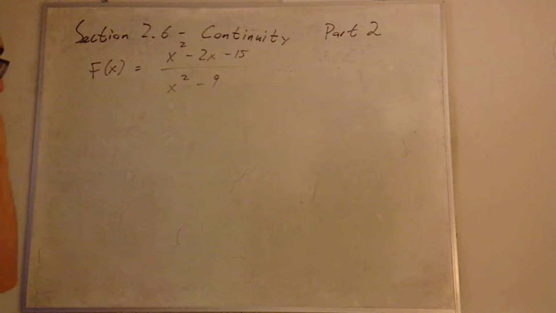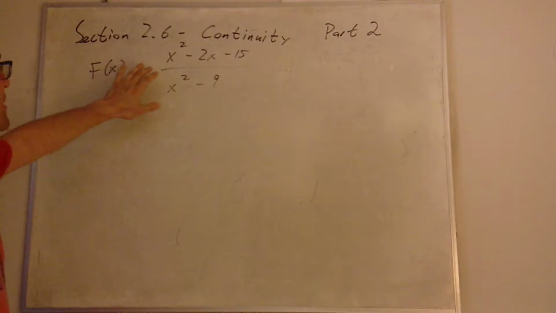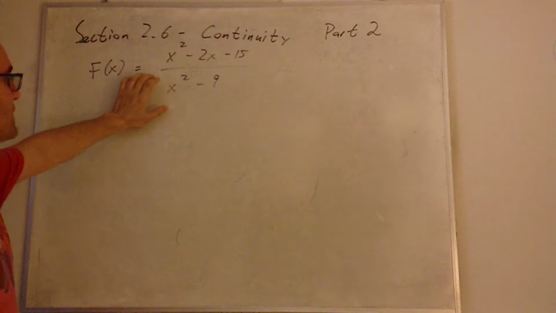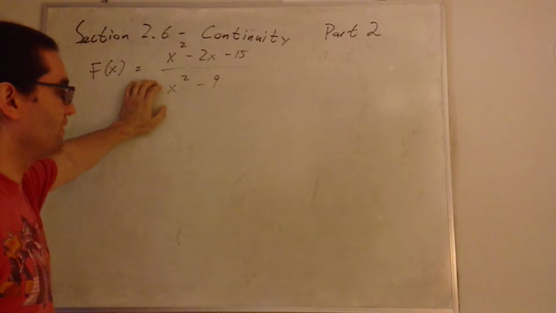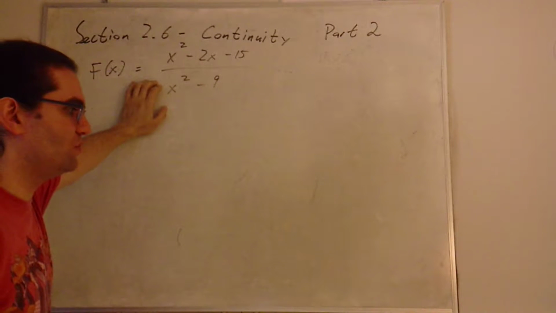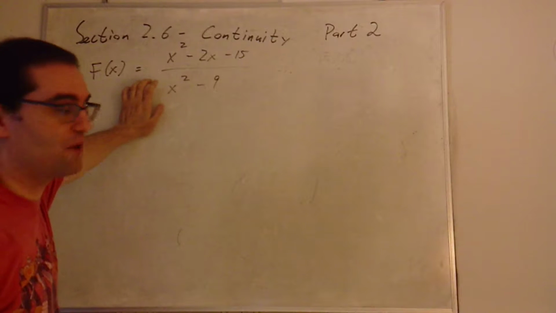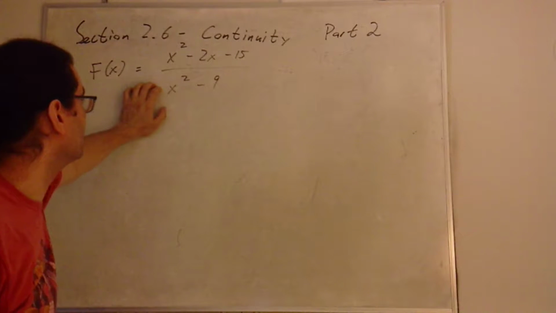So, when we evaluate the continuity of something like this analytically, it's going to be wrapped up very closely in limits and how we're going to deal with the limits here.